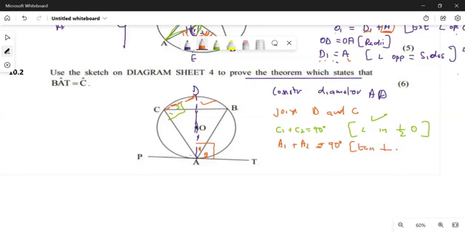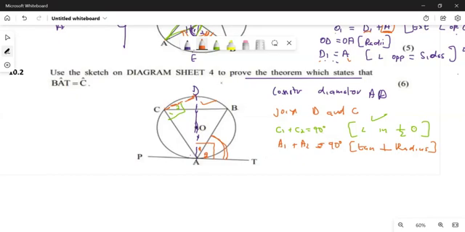Tangent perpendicular to a radius. Now we are looking for A2. We are supposed to prove that A2 is equal to C1. We did our construction, and after doing our construction, we get the 90. So 90 number 1, 90 number 2.